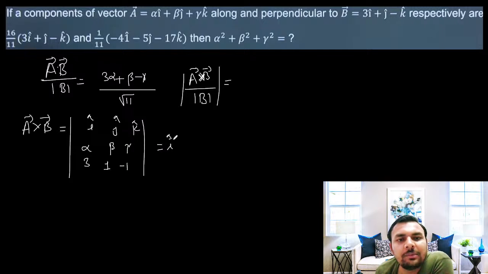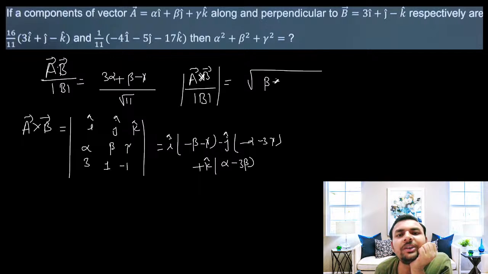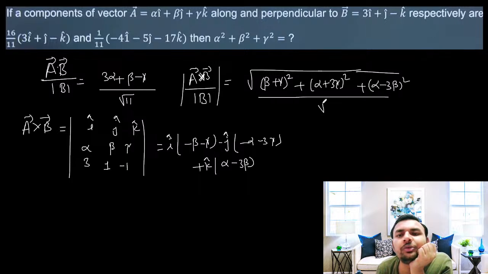So this is i cap (minus beta minus gamma) minus j cap (minus alpha minus 3 gamma) plus k cap (alpha minus 3 beta). Mod of this thing is what? Root under (beta plus gamma) whole square plus (alpha plus 3 gamma) whole square plus (alpha minus 3 beta) whole square, and this is root 11.